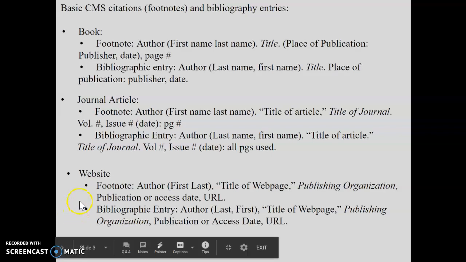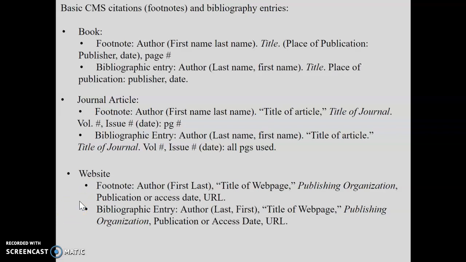Then we have the publication or access date. So publication date is our preferred piece of information. But again, we don't always have that information online. Sometimes we can't find when things were published. So if you can't find that, use an access date. So instead of a publication date, you'd simply write accessed on, followed by the date that you found that information.